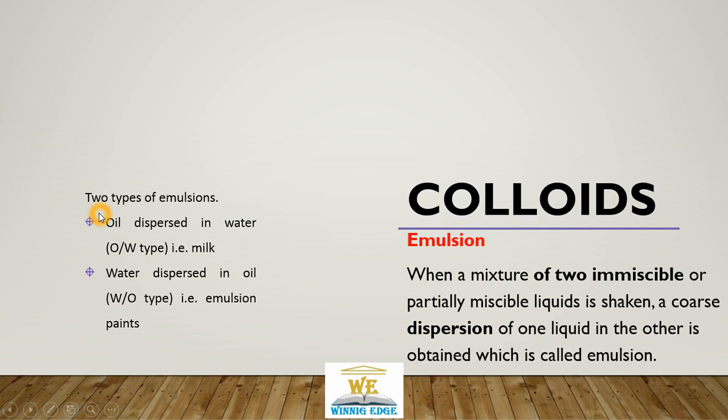Two types are possible: oil dispersed in water and water dispersed in oil. In the first, oil is the dispersed phase and water is the dispersion medium. In the second, water is the dispersed phase and oil is the dispersion medium. These two emulsions are possible.